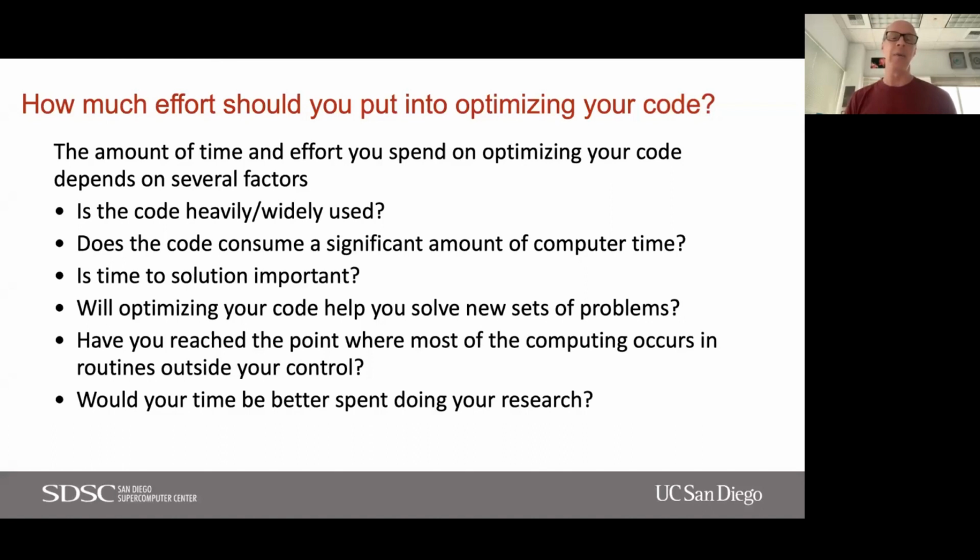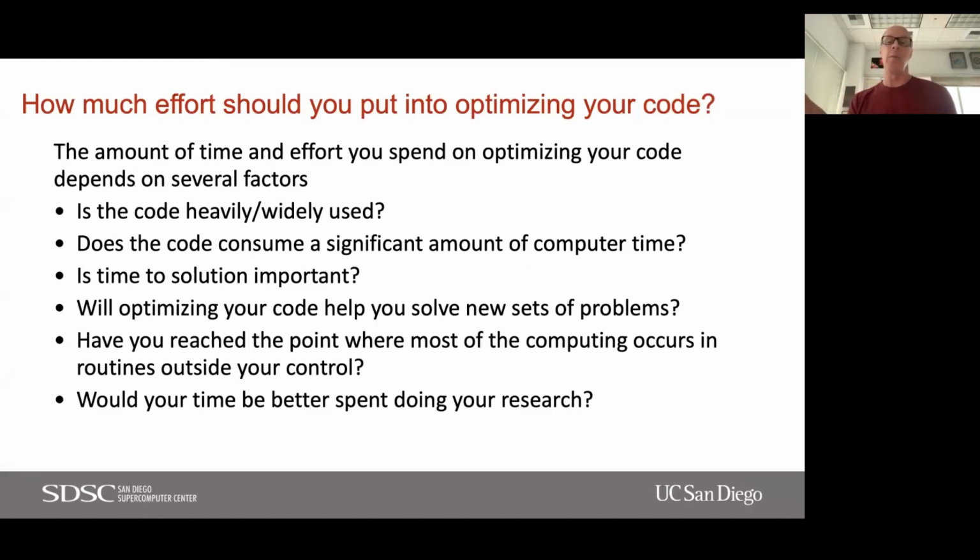In the session that I was in earlier, there was a lot of discussion, again, for some very, very heavily used codes, of how they could squeeze out 10% more performance, or another way to avoid taking performance hits as they move from one architecture to another.